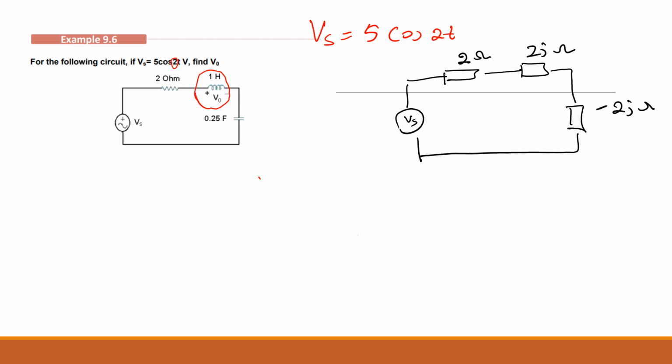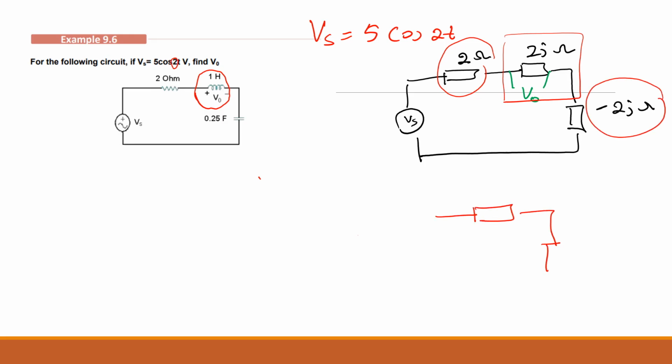Okay, now we need to find the voltage across this one, V naught. So all 3 are in series with each other, so we can add them together if we want to, but as we need to find the voltage across this, I'm keeping it without touching, but I'm going to add these 2 together and make it a single impedance. I'll leave the 2j, and when I add these 2 together, that will be 2 minus 2j. And this will be our input supply voltage.